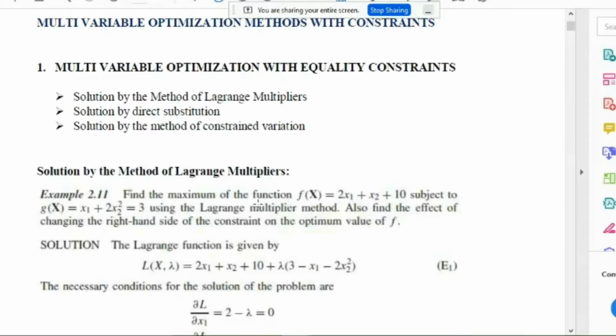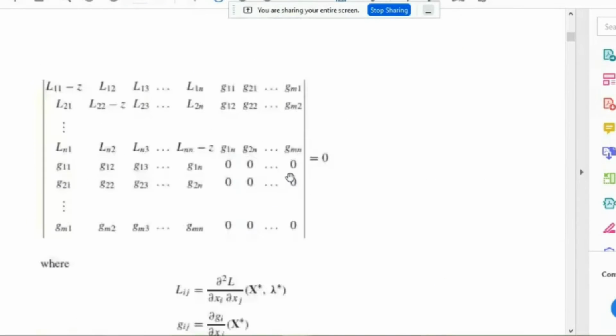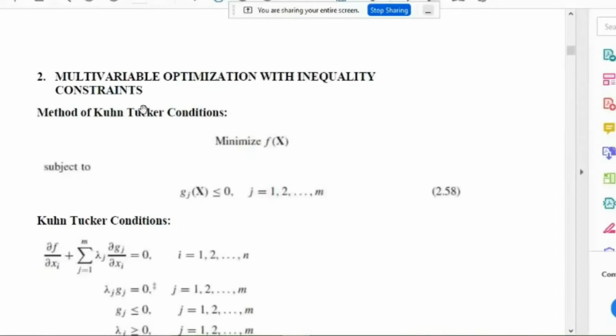Further, if a multivariable optimization problem is subjected only to inequality constraints, without equality constraints, then the method of Kuhn-Tucker conditions can be used.